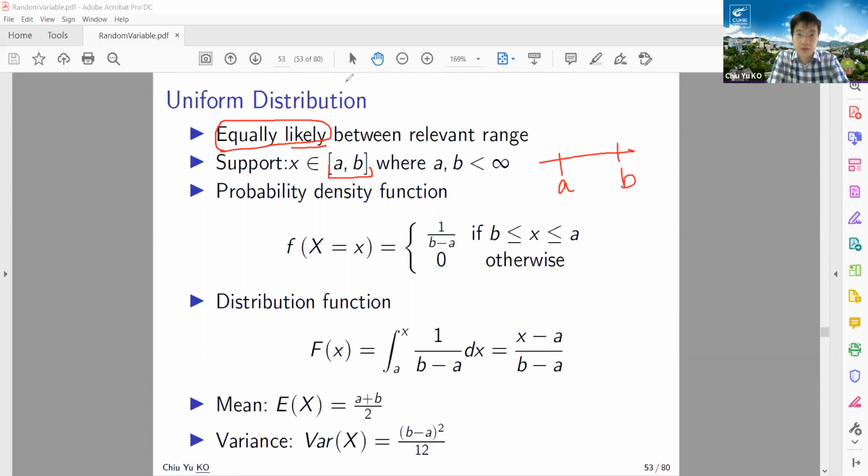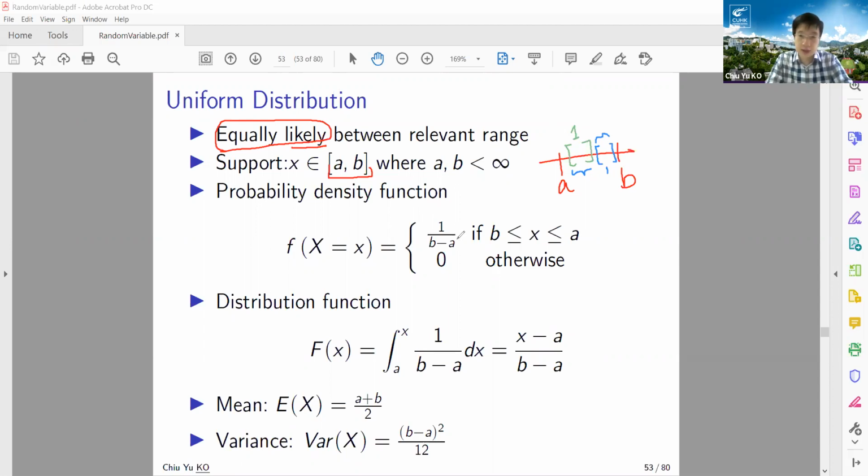This means that if you pick a length of, say, 1, and another non-overlapping range also of length 1, where the overlap doesn't matter, the probability of a number being drawn here and here are the same, okay?